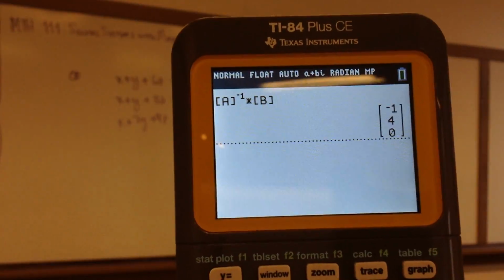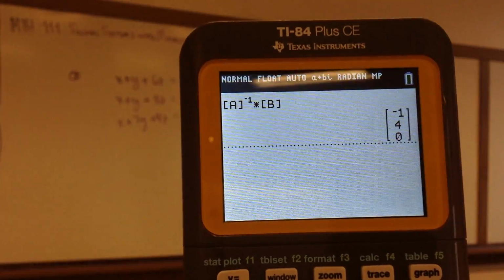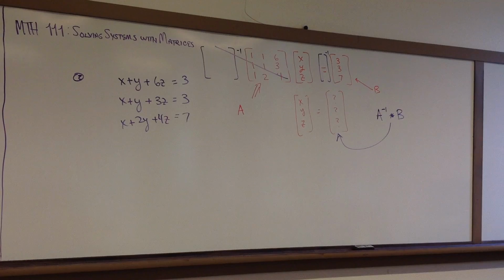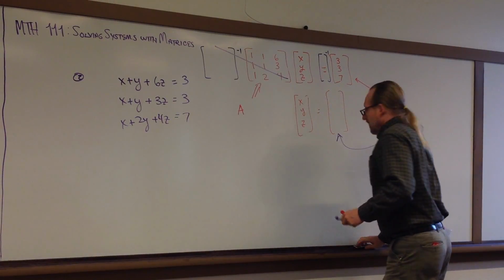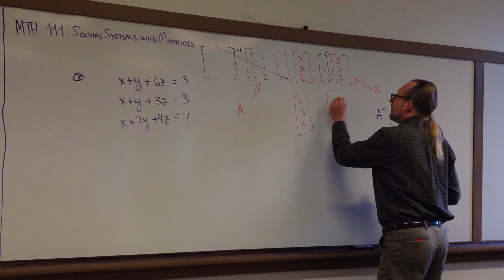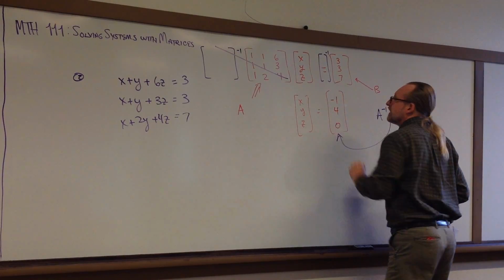There's our answer. X is -1, Y is 4, Z is 0. Quite a bit easier than solving it ourselves. And let's see here. So, -1, 4, and 0.